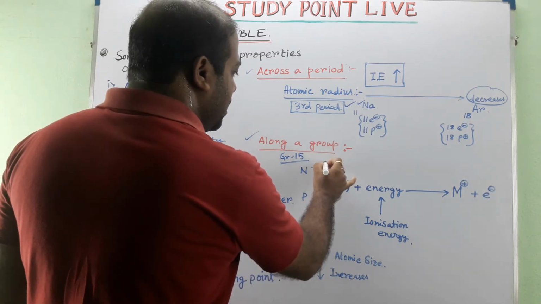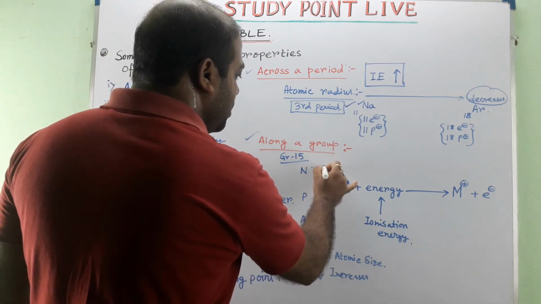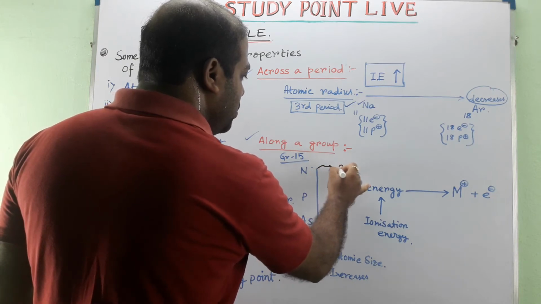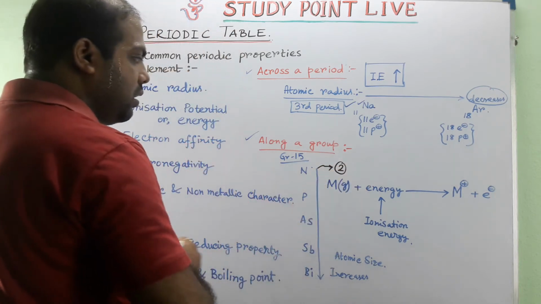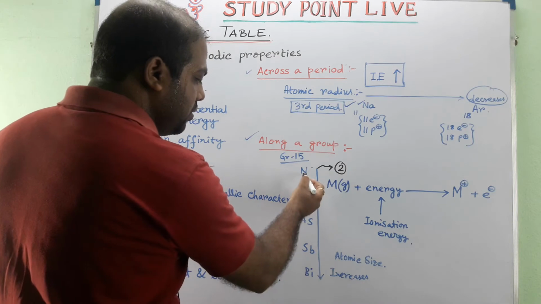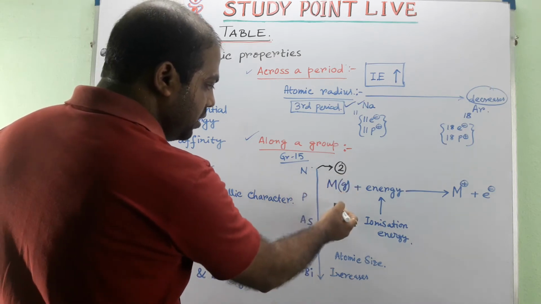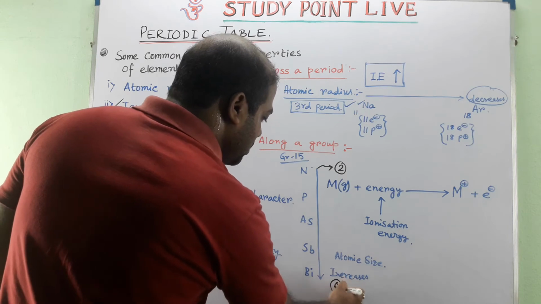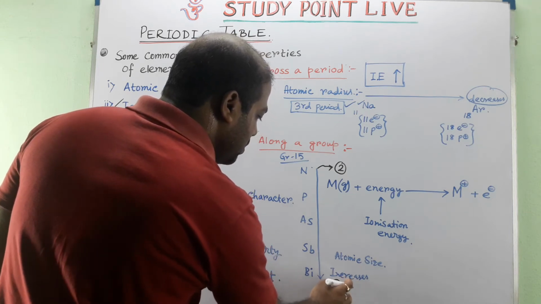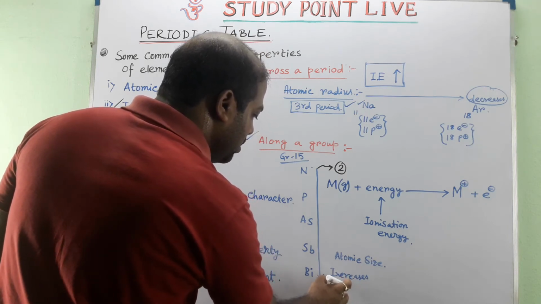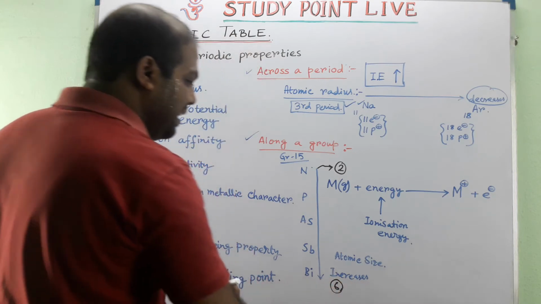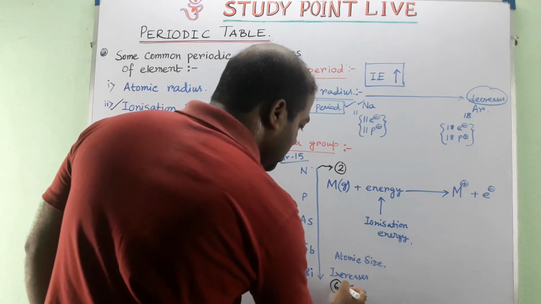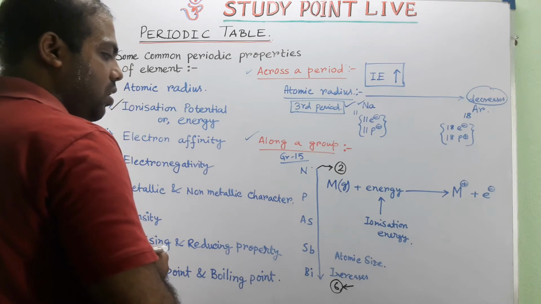Since the last orbit of nitrogen is 2 and the last orbit for bismuth is 3, 4, 5, 6, the loosely bound electron is at the 6th orbit.